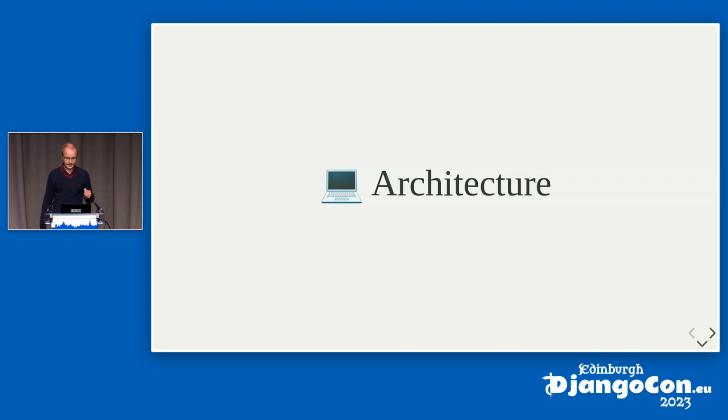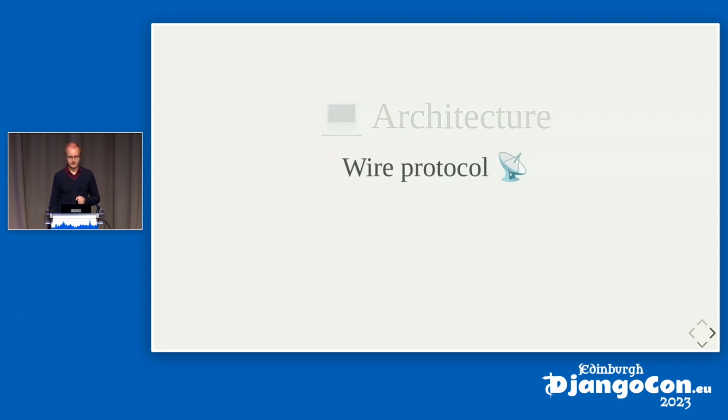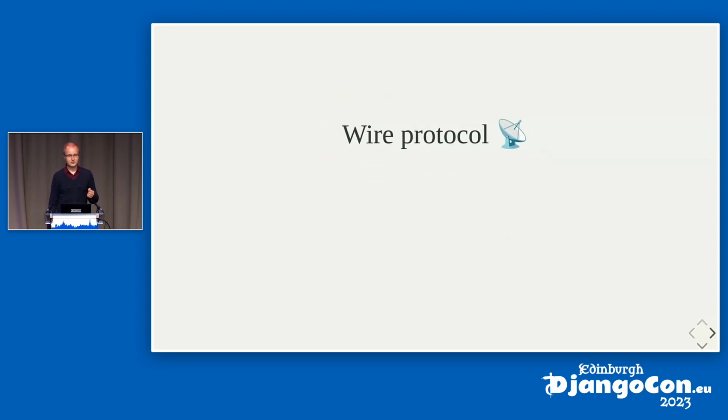So let's start with the architecture of Venueless and how we started building this. One of the first things we did is to define a common wire protocol for all messages that we send over the WebSocket connection.